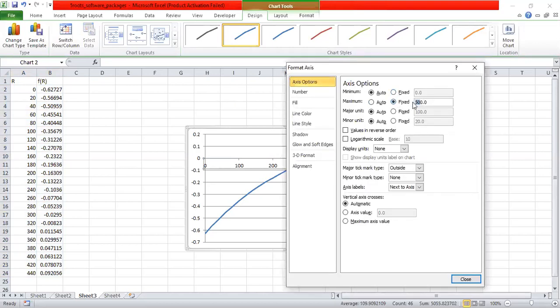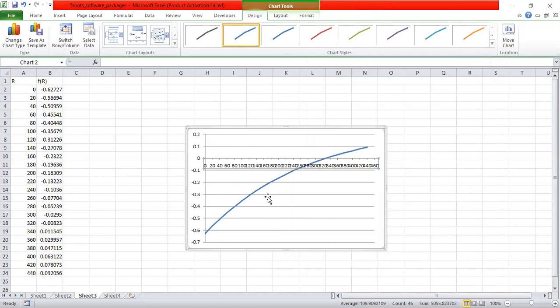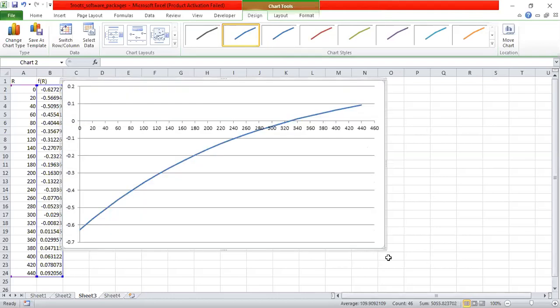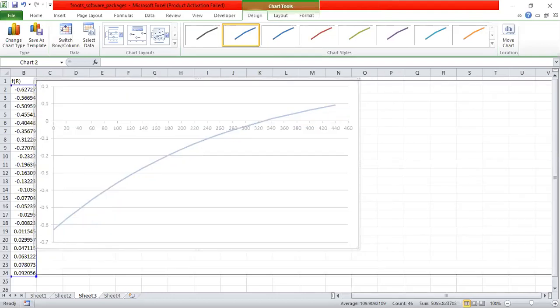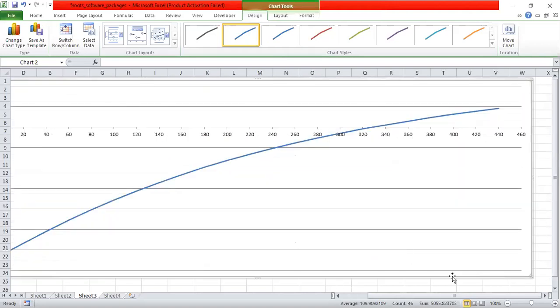Let me say 460, and let me say 20, and okay. So I formatted my axis, and this is the graph it's giving me.